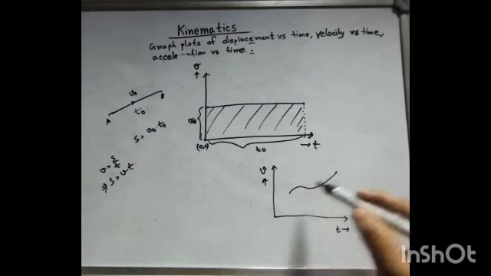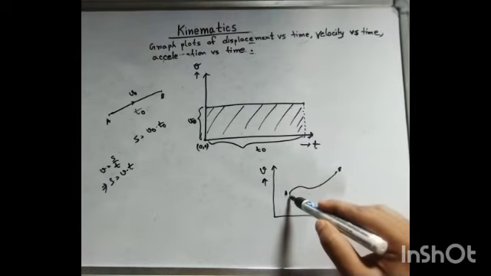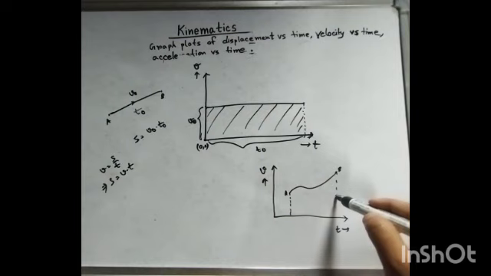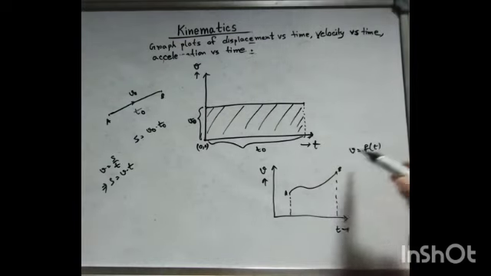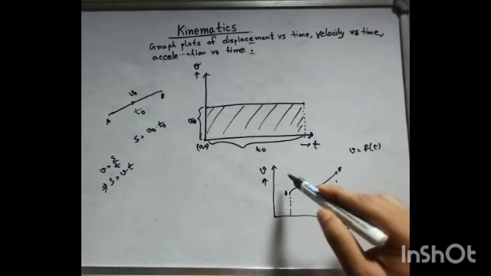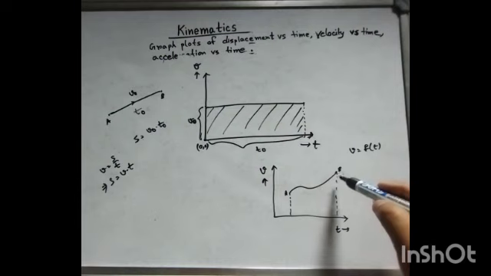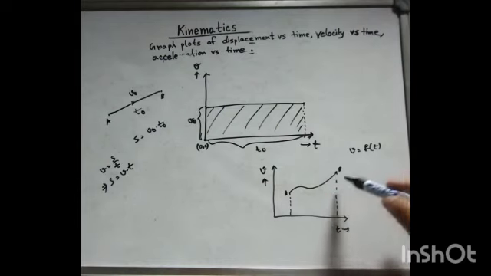Now this is point A and this is point B, so v is here a function of t, and at each time v is changing.